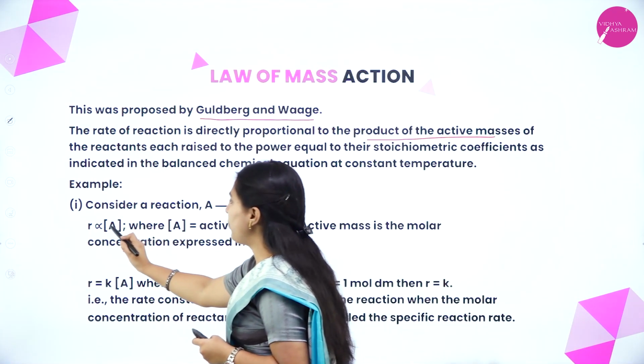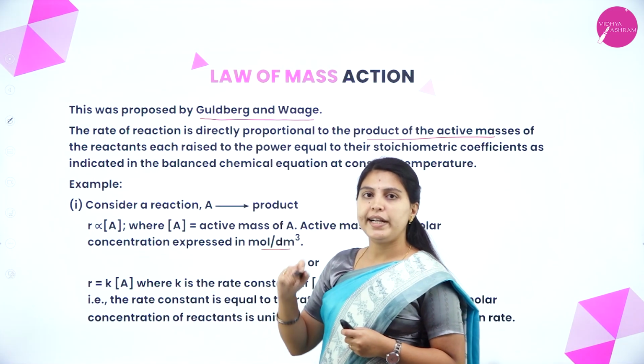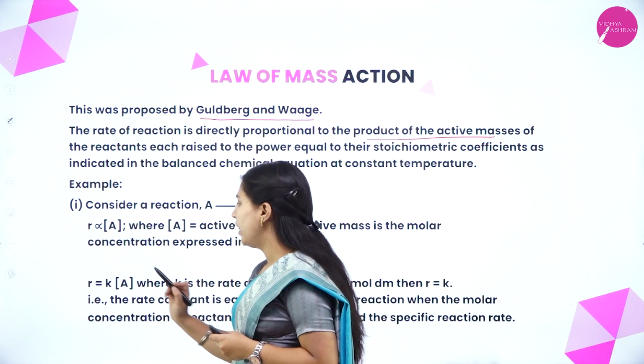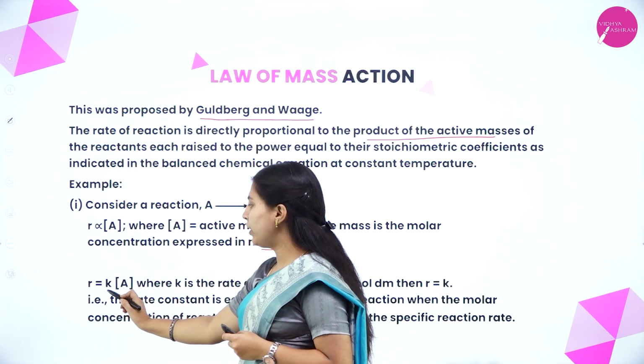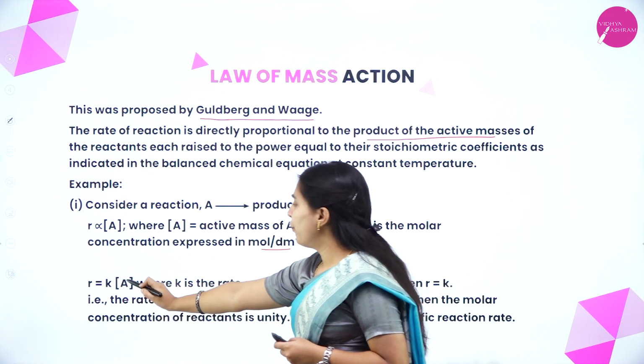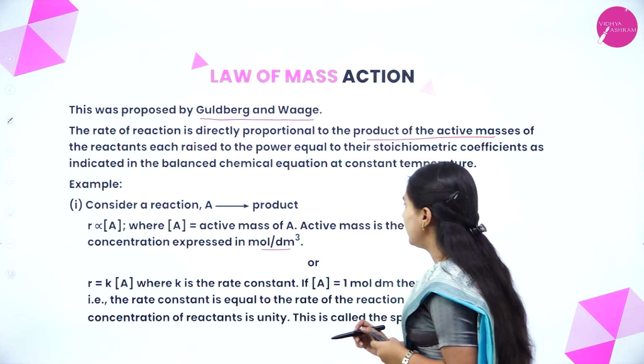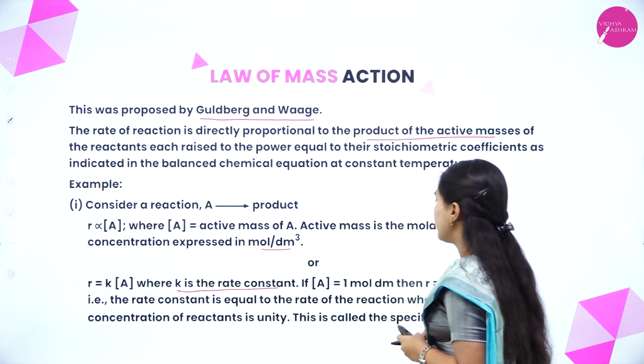And this proportionality should be identified with some constant. That's why here K will be introduced. Now, rate of reaction will be equal to rate constant into molar concentration of A. See here, K is nothing but rate constant.